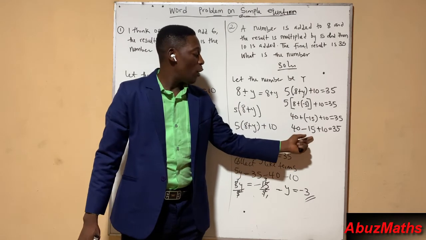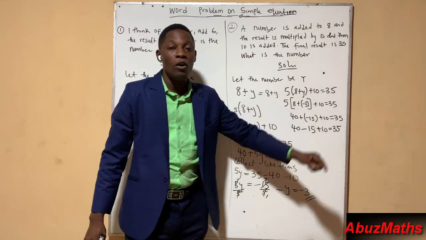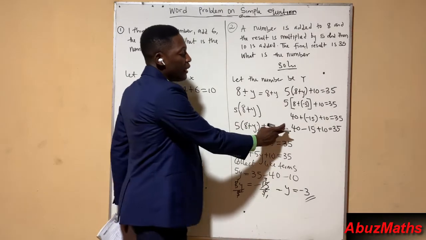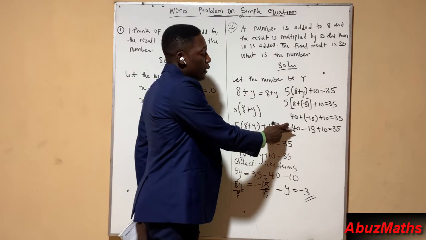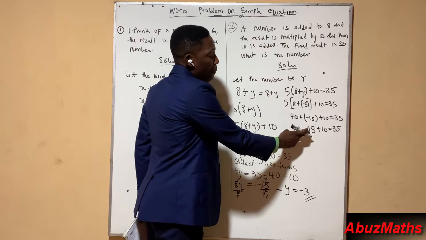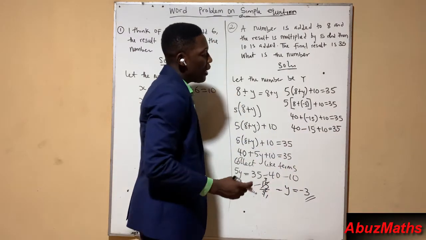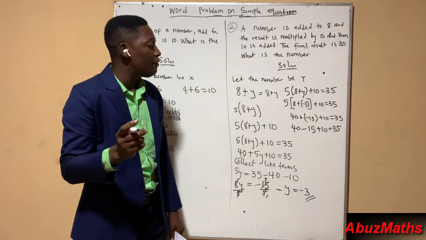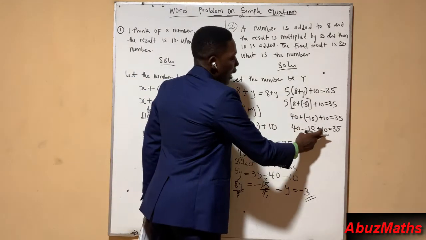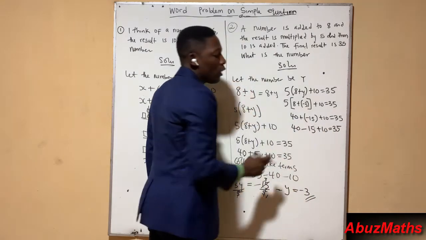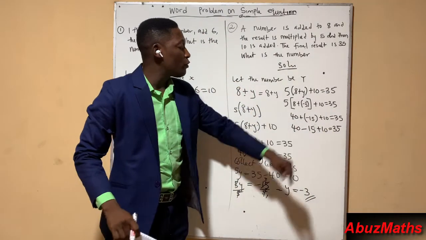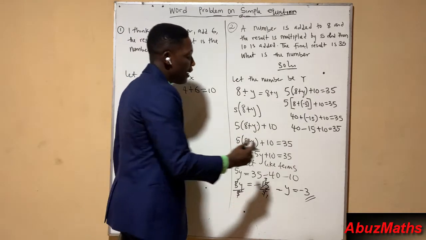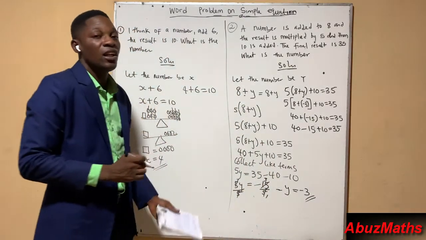So that means I'll be having a total of 35 naira. So 40 minus 15 gives me 25. Plus 10 gives me 35. And that means the answer is correct.